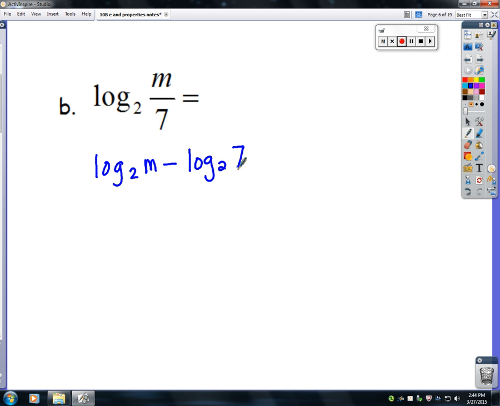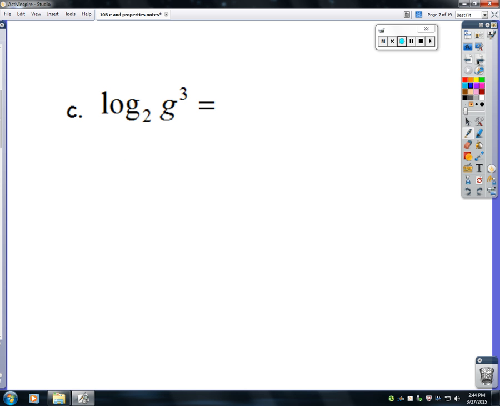All right, now look at these numbers here. Can I simplify this? 2 to what power gives you 7? Well, nothing. Doesn't work. So there's our final answer. Can't do anything else to that one. All right, here we have an exponent, 3.